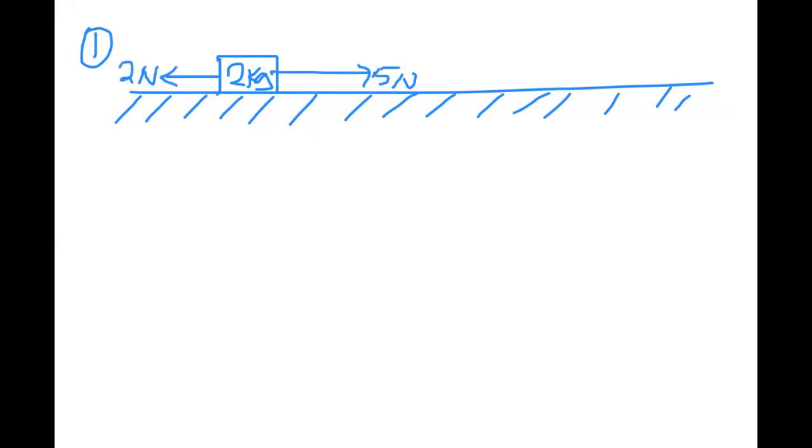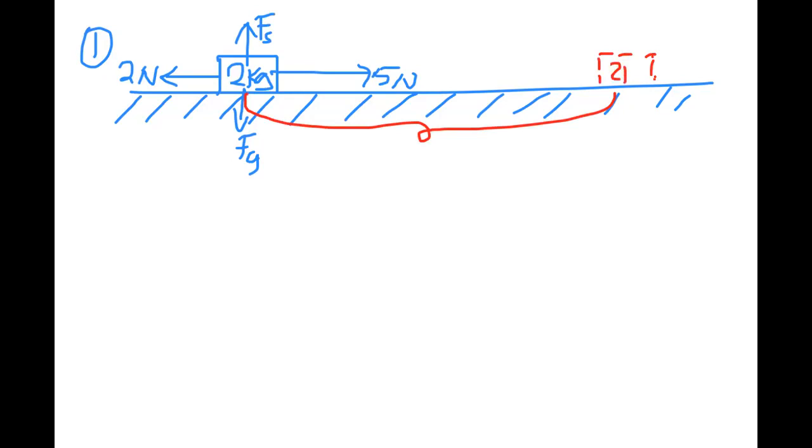Of course, there is gravity and a normal or support force, but I'm focusing on these forces. The box moves through some distance, from here to some new position here, and this is 2 kilograms.